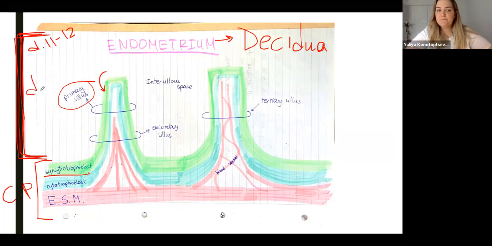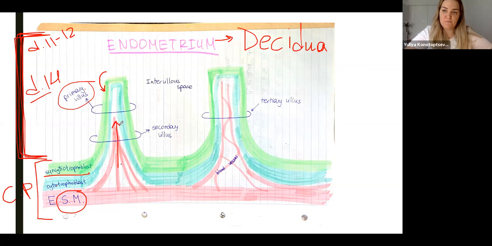On day 14, you start to notice that somebody else wants to join the party, and this is the somatopleuric mesoderm. It wants to go into the core of the primary villus. Once somatopleuric mesoderm is in the core of the primary villus, you are no longer calling the structure primary, you're calling it secondary villus.